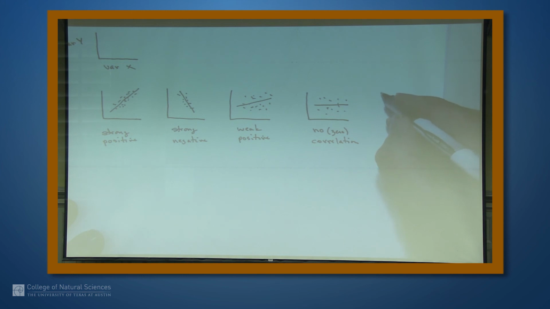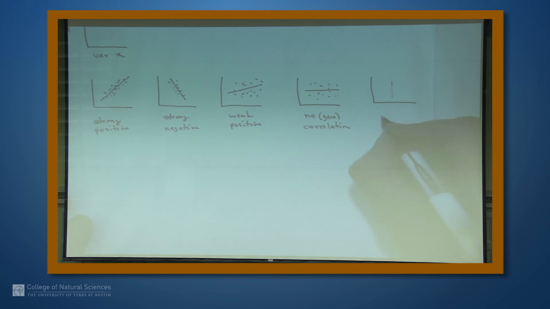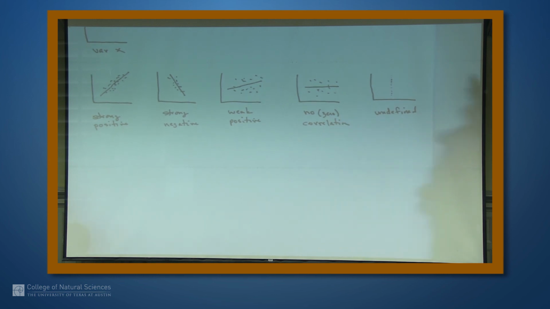If you happen to have something like this, I'm going to draw it in the vertical plane, all the points lie on a line, right? There's, in this case, variation in y, but none in x. Zero. So they mean the same thing.